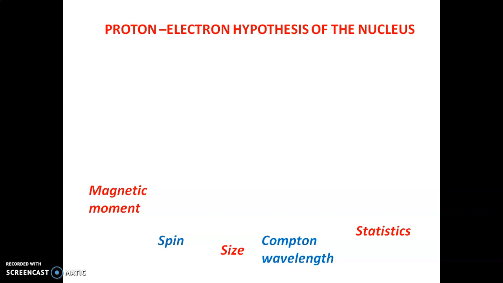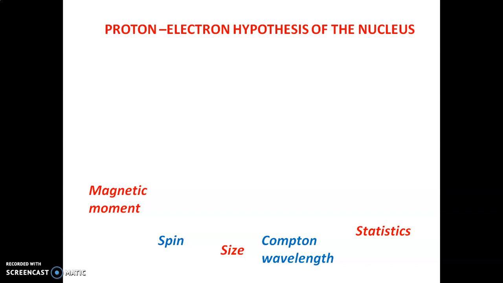Actually, all particles are either fermions or bosons. If they are fermions, they follow Fermi-Dirac statistics, and if they are bosons, they satisfy Bose-Einstein statistics. So this is just an introduction. Don't be worried if you are not understanding. We'll definitely do these things later on.